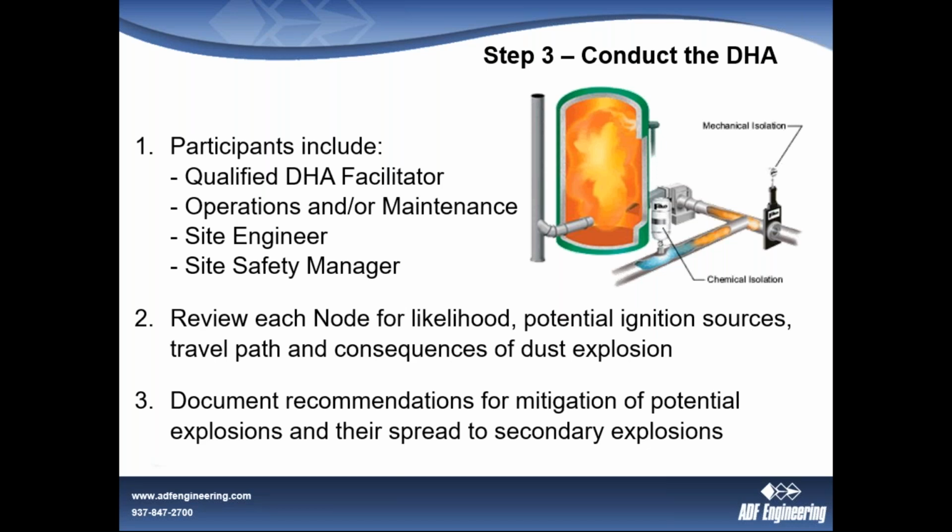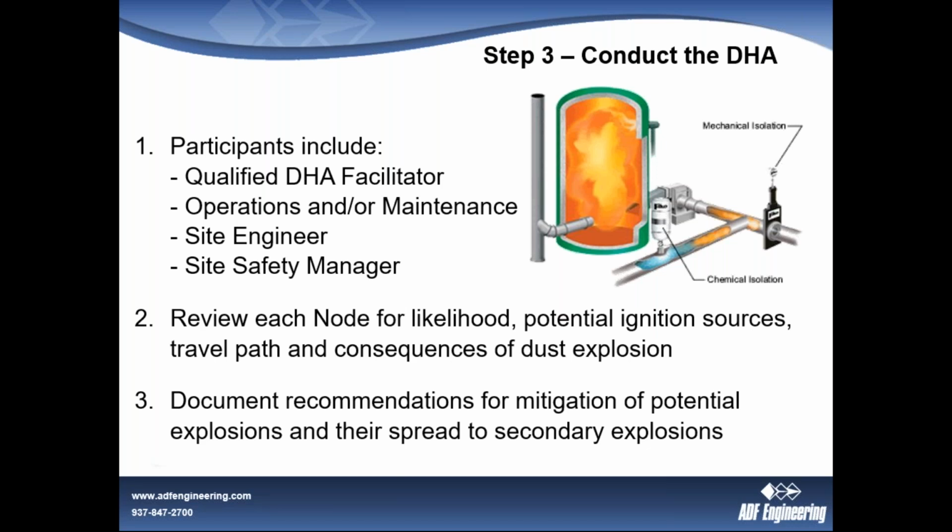You need to review each of those nodes primarily for the likelihood of an event. The one thing that makes a DHA different than a PHA is that in a PHA, you're going to look at the likelihood, the severity, and your detectability. In this case, the severity is pretty much going to be the same no matter what.